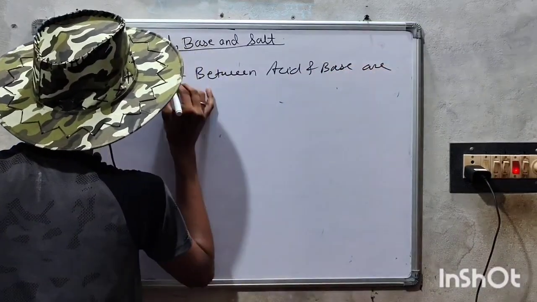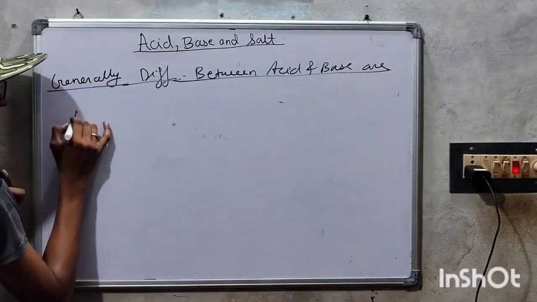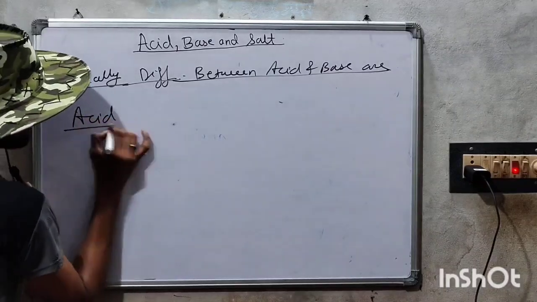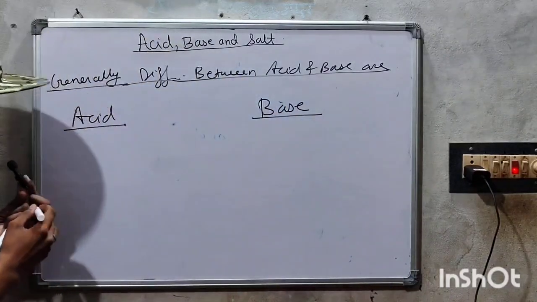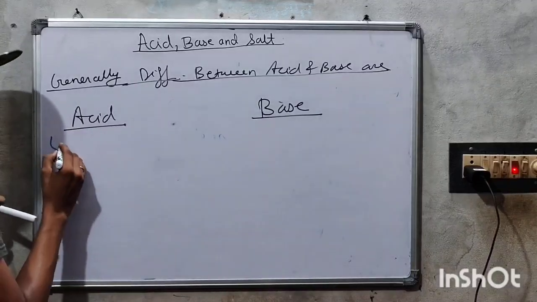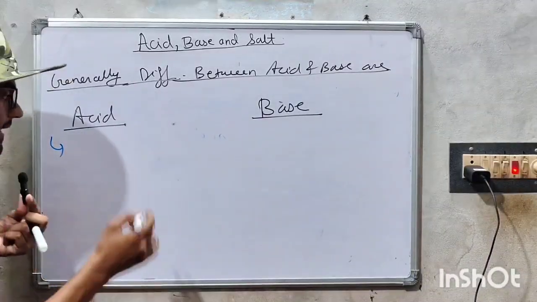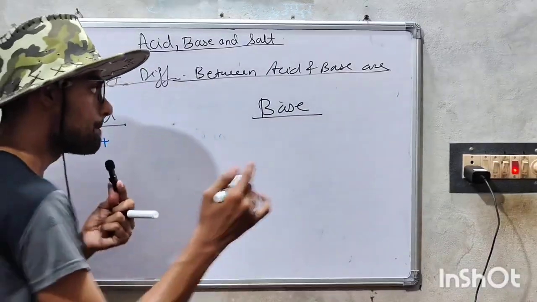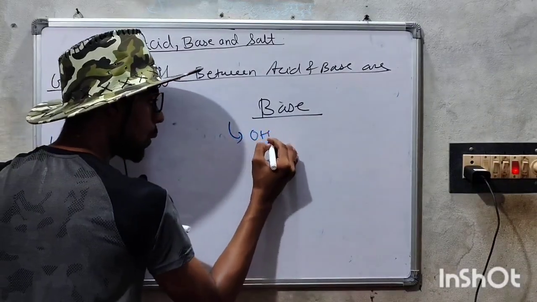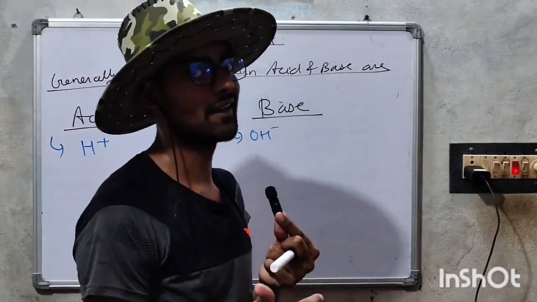Acid releases H+ ions, that is hydrogen ions. Base releases OH- ions, that is hydroxide ions.